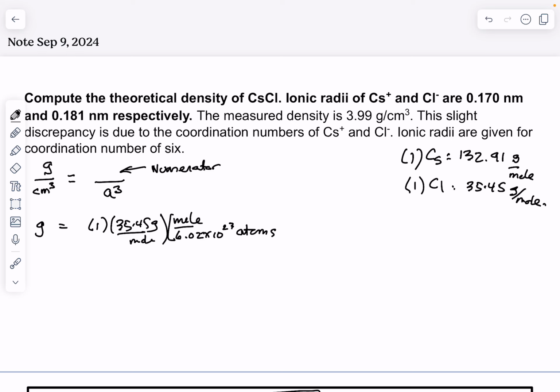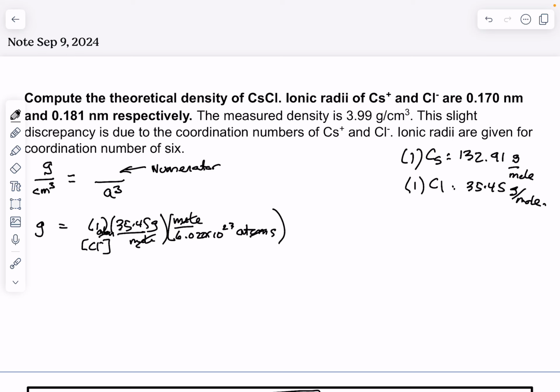Let's write this first part as 1 atom. Now we can see that the atoms cancel out, the moles cancel out, and we're left with grams. So this would be how many grams of chloride ion. So this part was about chloride.